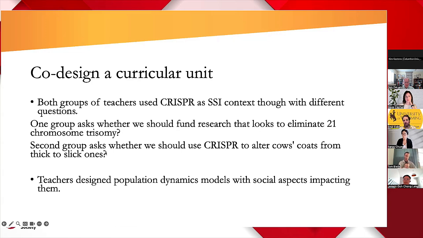Another one, because it was really related to most of the students, who come from ranching families, asked whether we should use CRISPR to alter cows' coats from thick ones to slick ones as it becomes way hotter in Wyoming. Everyone knows that. No one talks about why.